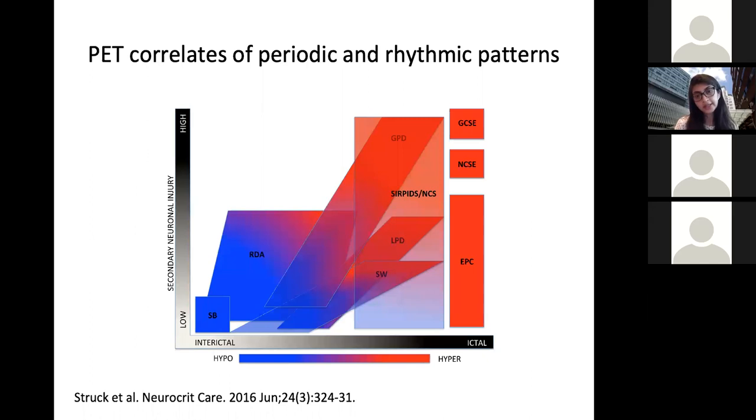This was a study looking at PET correlates of periodic and rhythmic patterns. What we know is that generalized convulsive seizures and status epilepticus are associated with PET hypermetabolism.